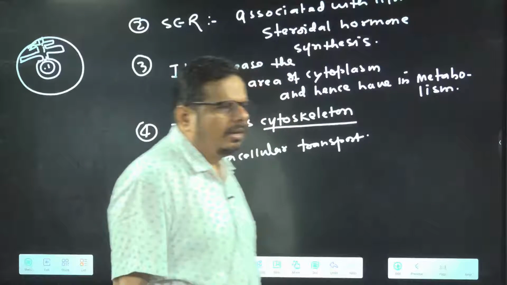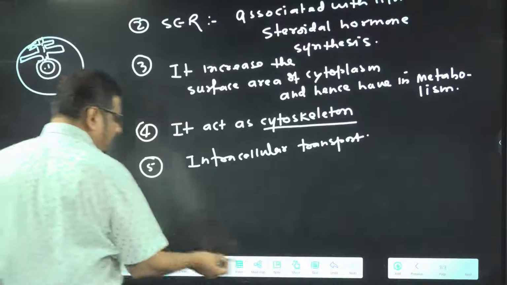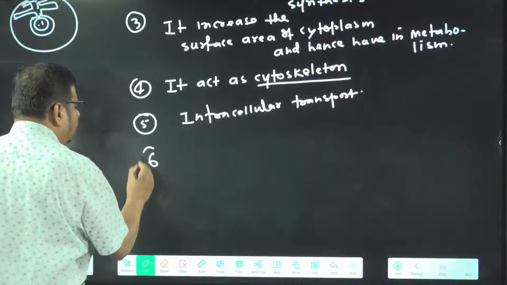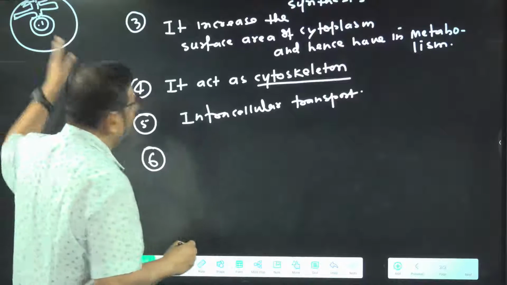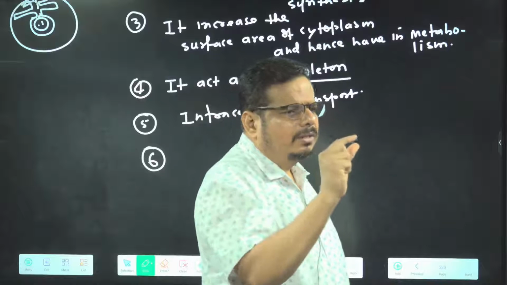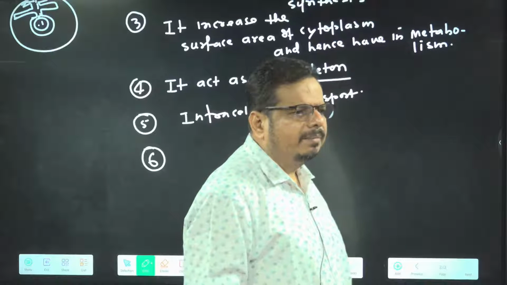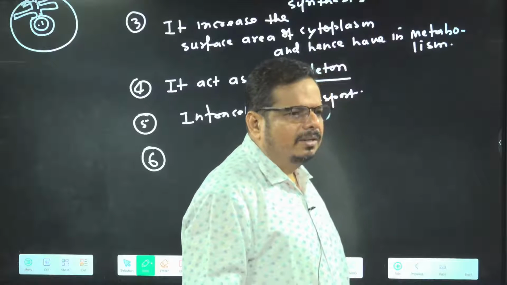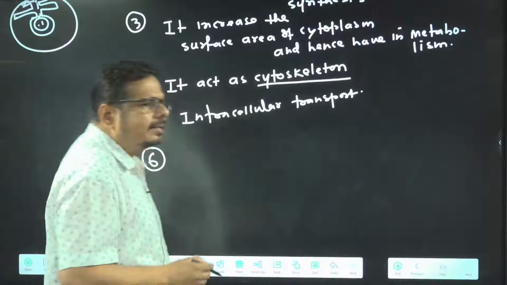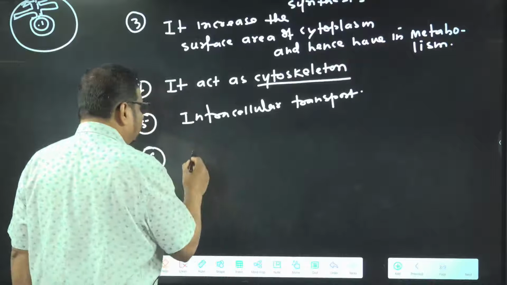So intracellular transport is another function associated with ER. Another function, ER also has a role in sending something out of the cell. Why? Because it is also attached with the plasma membrane. Understanding the idea or not?